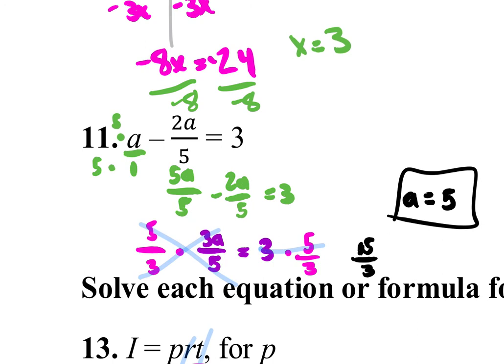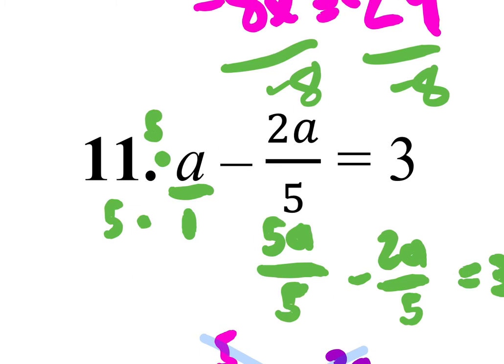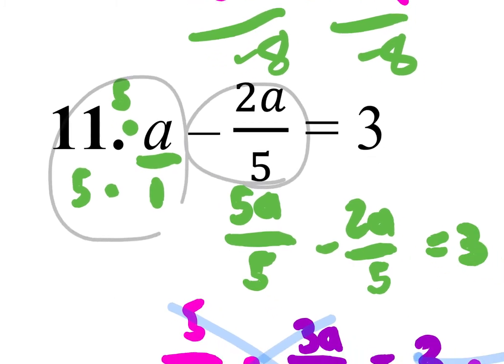Here we have a situation where we have a's on the same side, but we need to put them together. But this one has a denominator. So what I'm doing here is getting a denominator set up for this one so that I can add them together.